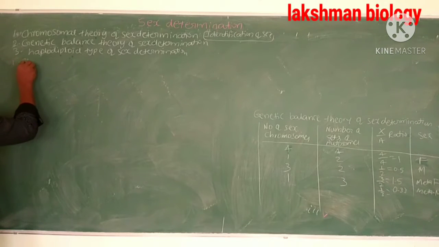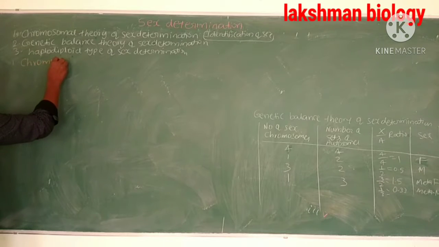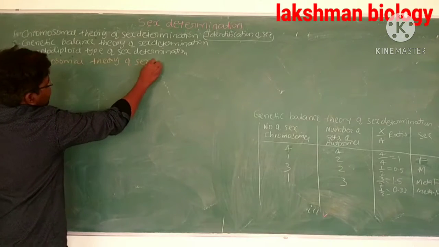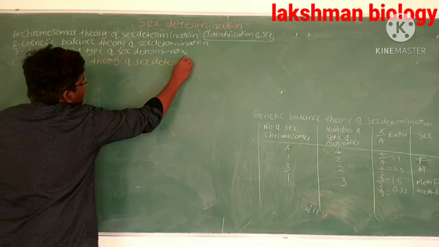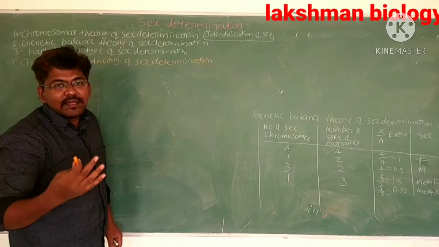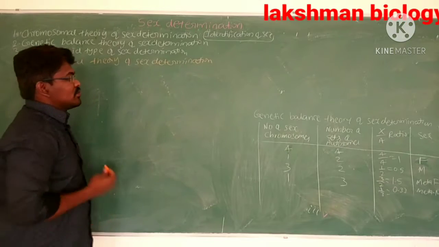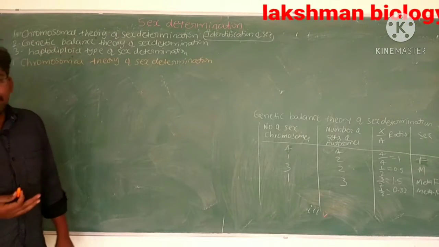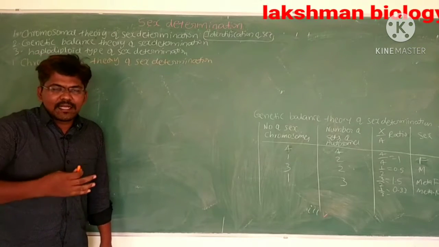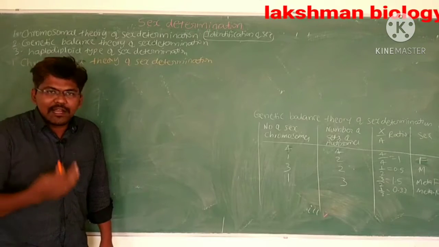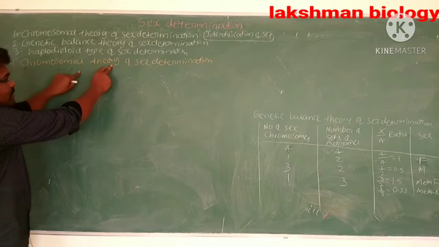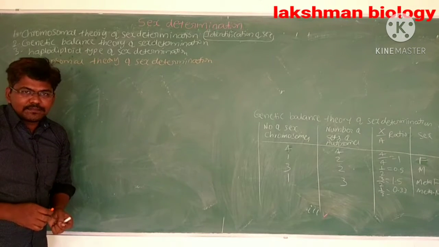In the chromosomal theory of sex determination, we can identify the sex of an individual based on the sex chromosomes. If you identify the sex of an individual based on the sex chromosomes or allosomes, that type of sex determination is called the chromosomal theory of sex determination.